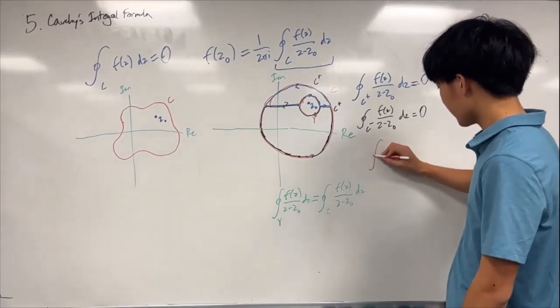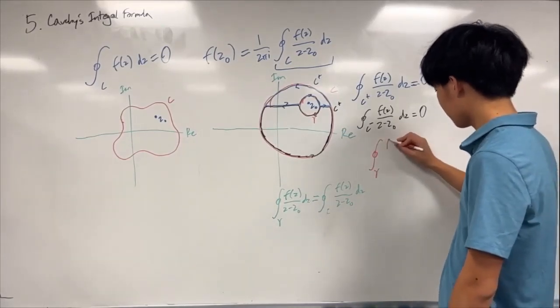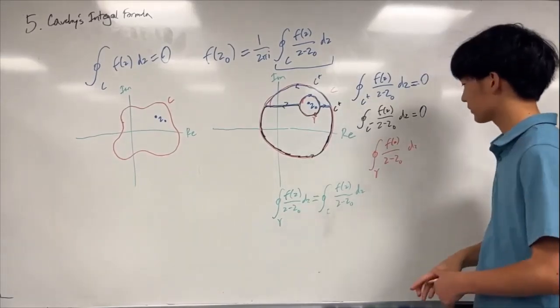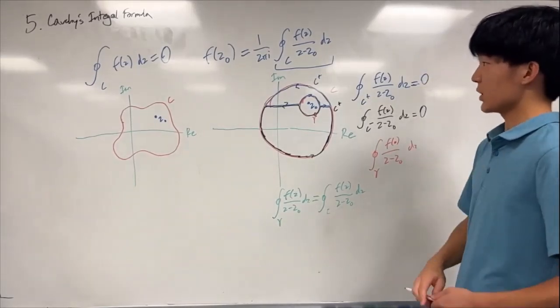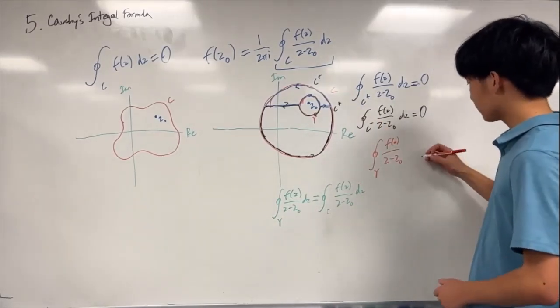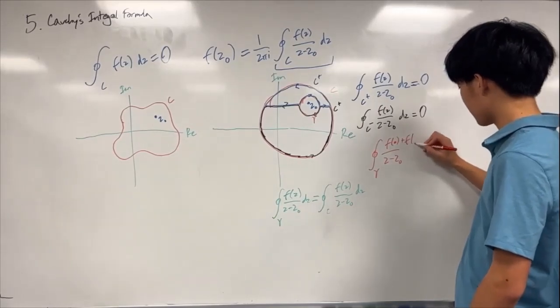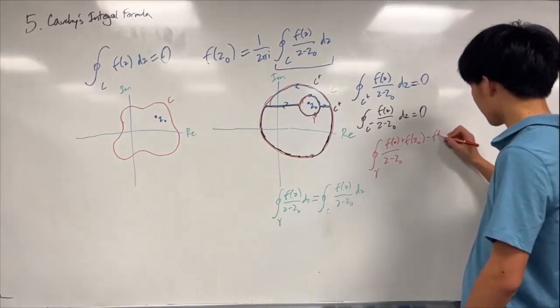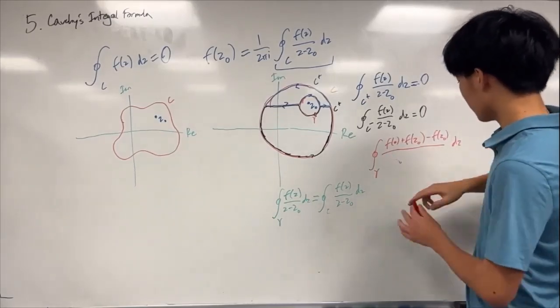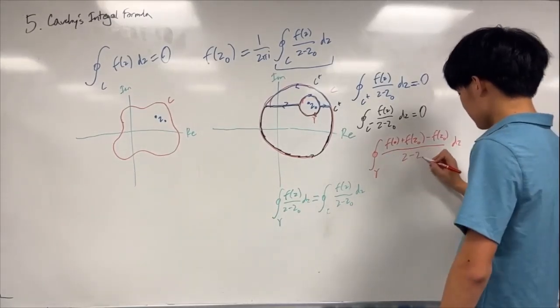So we take our integral over gamma of f(z) over z minus z sub 0 dz. Well, first of all, we can get our f(z sub 0) term in there by just adding and then subtracting it from the numerator. Plus f(z sub 0) minus f(z sub 0) dz. Still all over z minus z sub 0.